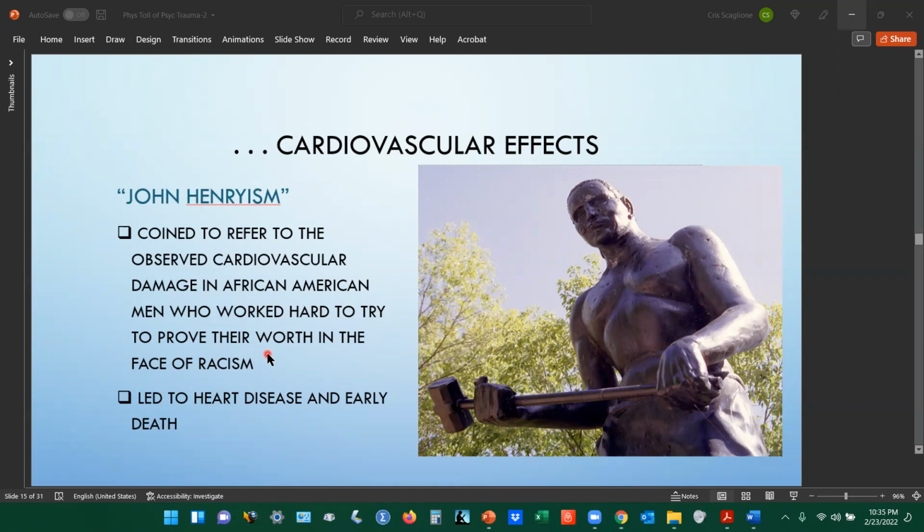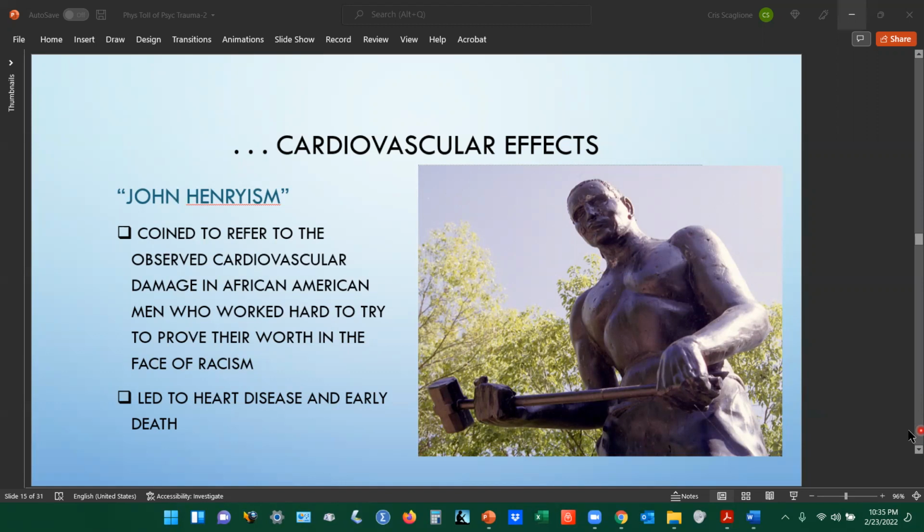It's an older term, referring to the cardiovascular effects of the trauma and the prolonged overwhelming stressors of racism. And it was very well documented that it led to heart disease and early death.